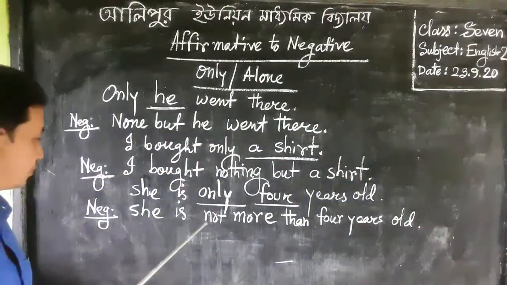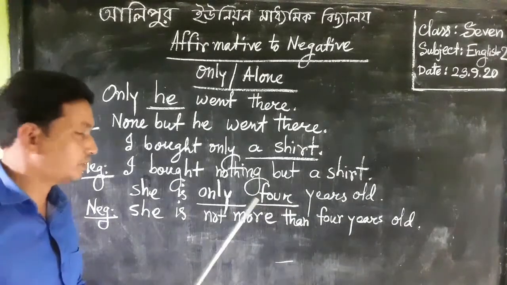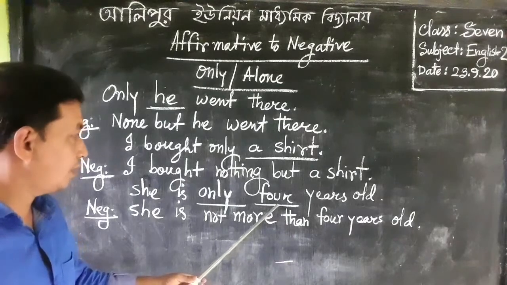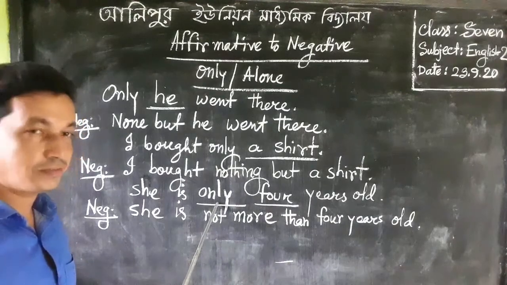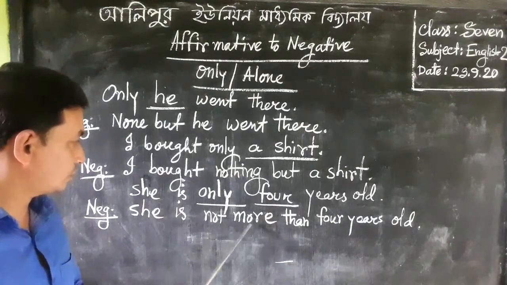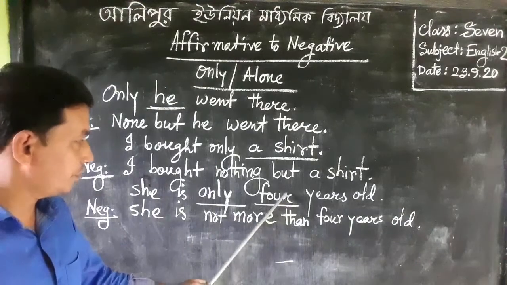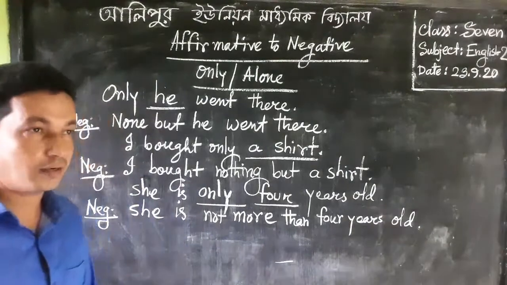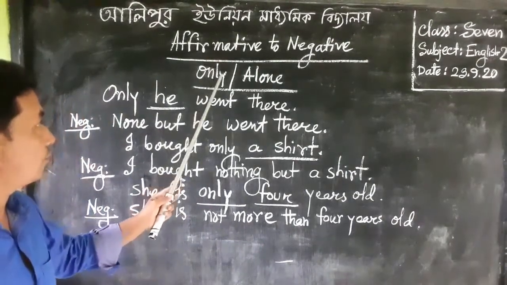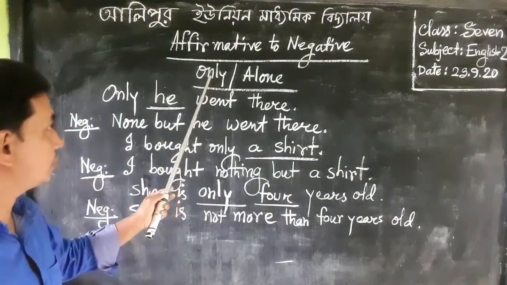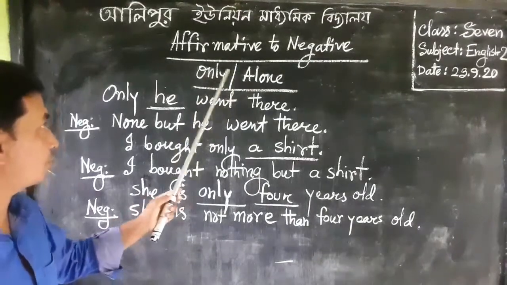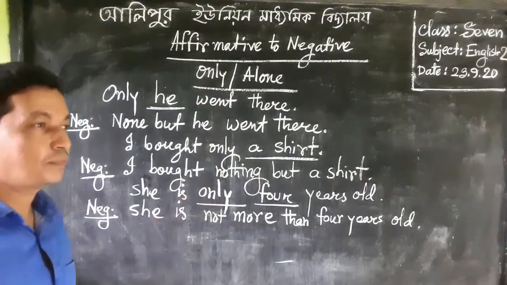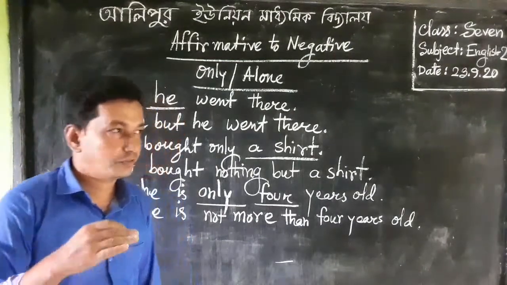She is not more than 4 years old, because only indicates here the figure, and so only is changed into not more than before the figure. Okay, dear learners, this is the first important rule of affirmative to negative, only or alone.